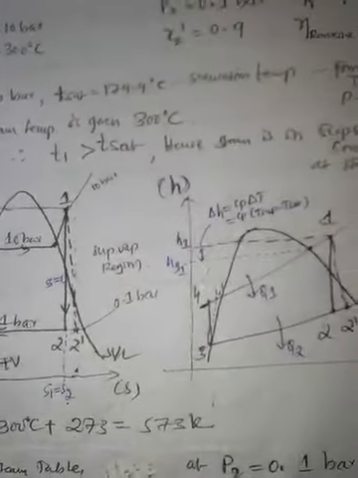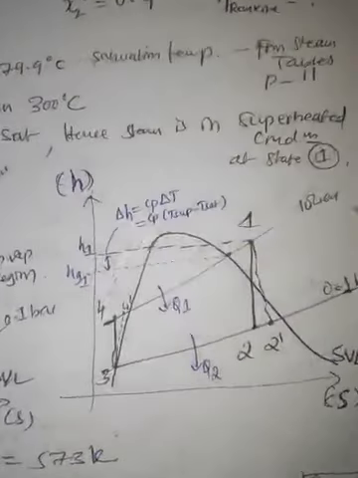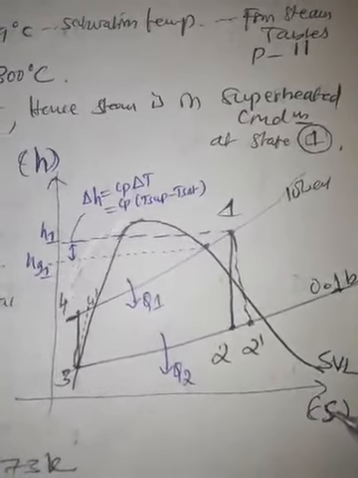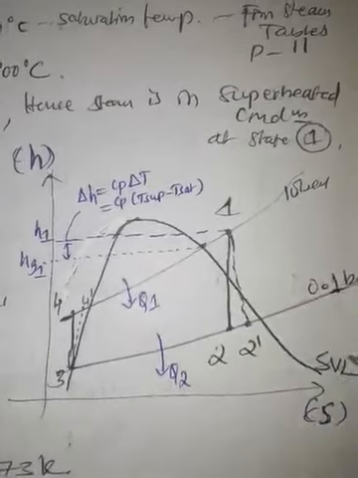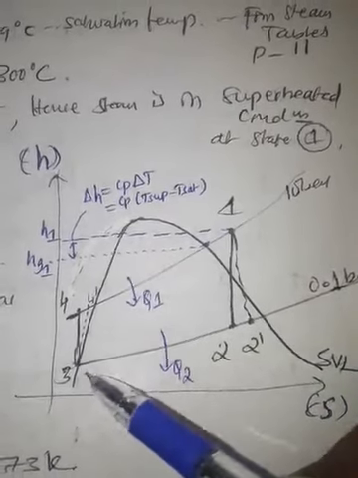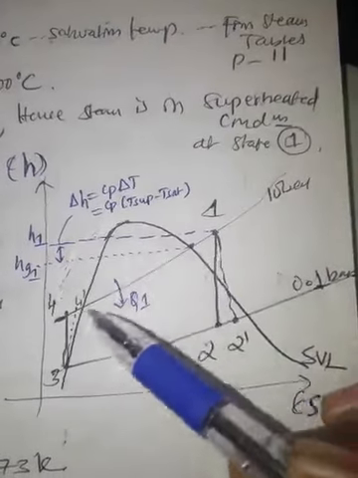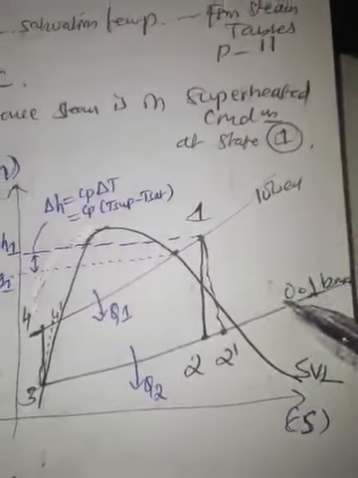Here for the same problem statement we can also draw the enthalpy entropy diagram. So this is the vapor dome, saturated vapor line, this is the saturated liquid line. State 1 is marked in the superheated vapor region. This is the 10 bar pressure line, this is the condenser pressure 0.1 bar pressure line.